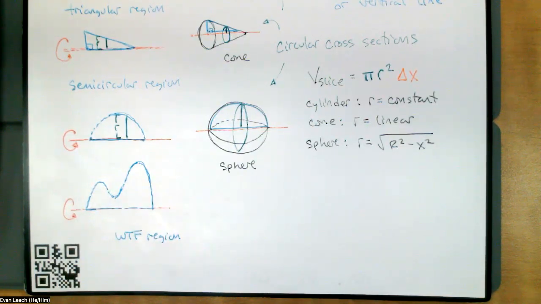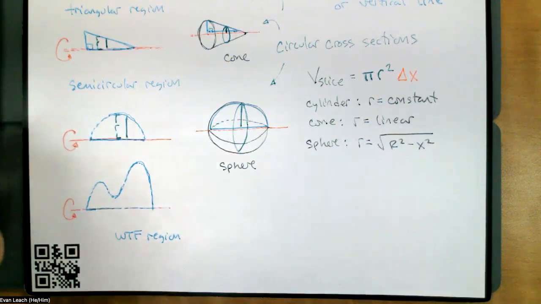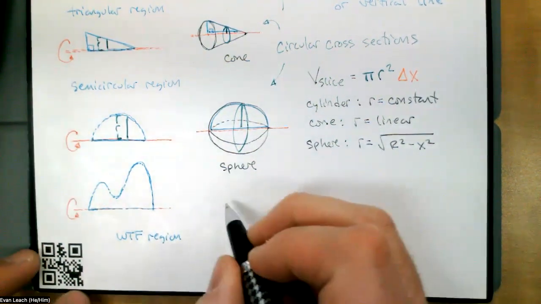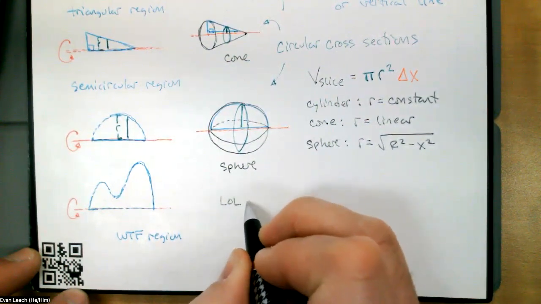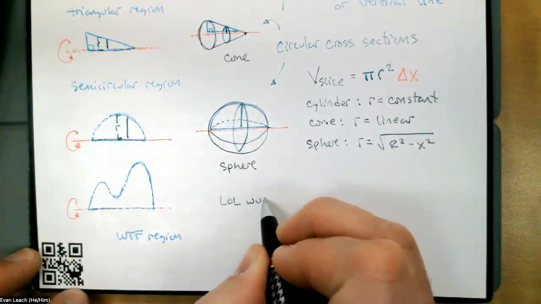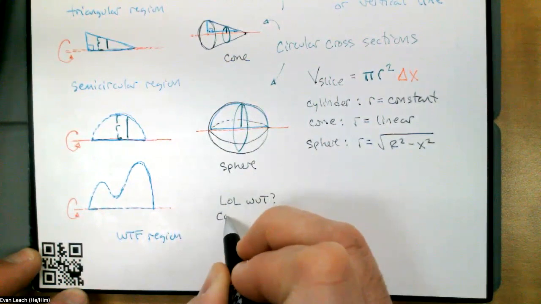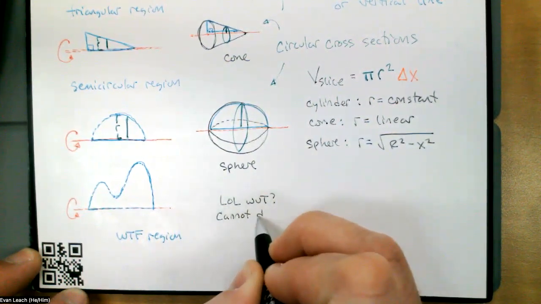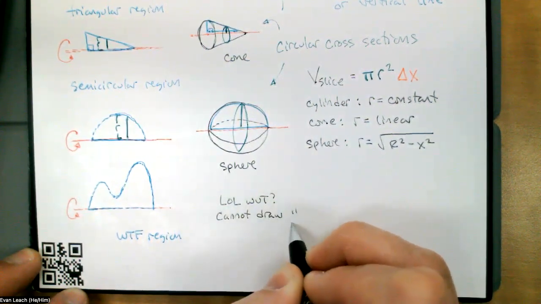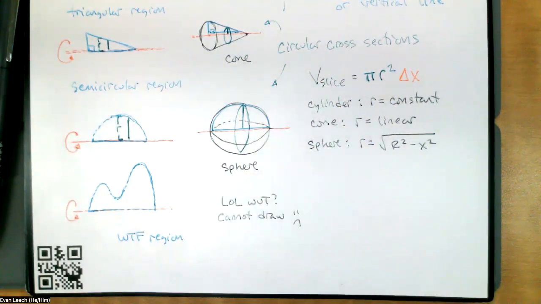Now we could try to draw this, but I don't want to try to draw it because I can't do it. But it doesn't matter if I can't draw it because it's got a circular cross section. I just need to describe the radius as we go from one side to the other.